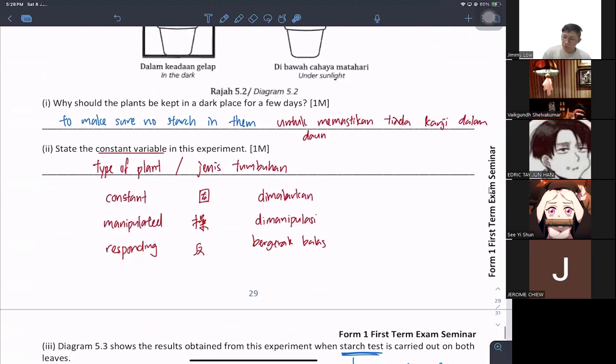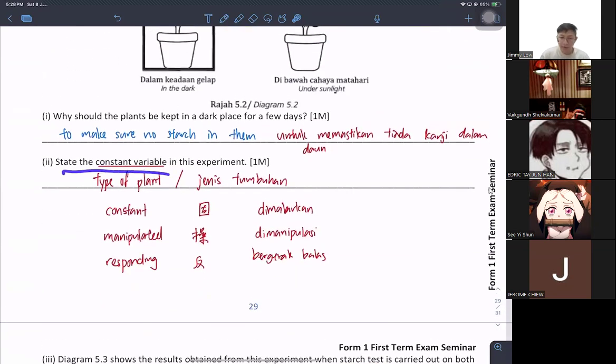Okay, so two, state the constant variable. Secondary school science is definitely different from primary. They'll ask you a lot about variables, especially when it comes to experiments. So you have to know what is constant variable, what is manipulated, what is responding.